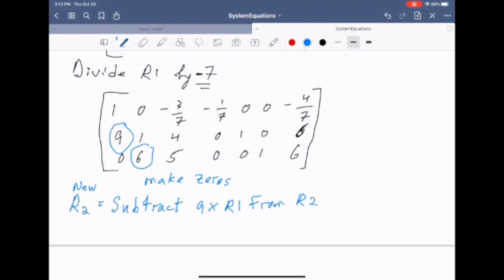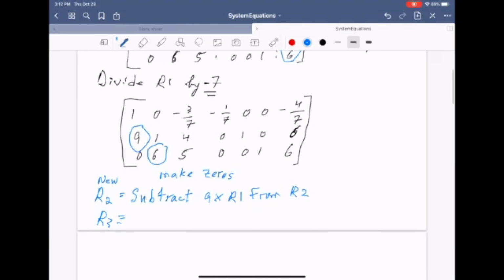And the new row 3 is the original row 3 minus 6 times the new row 2.